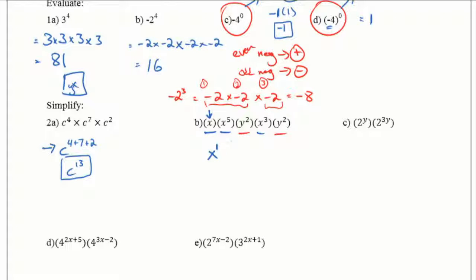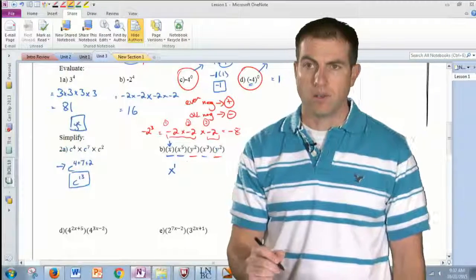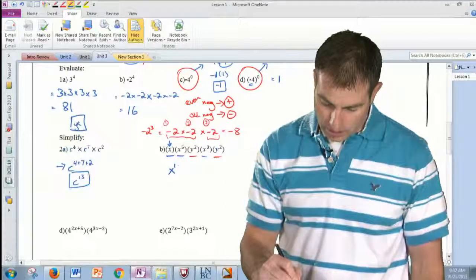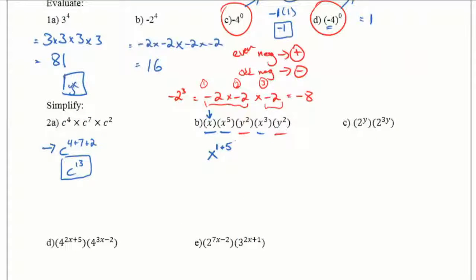So I'm going to write in a 1 from that. And then we have a 5. And then we have a 3. So I'm adding all of the x's exponents together. And then I have y's. I have a 2, and then I have another 2.